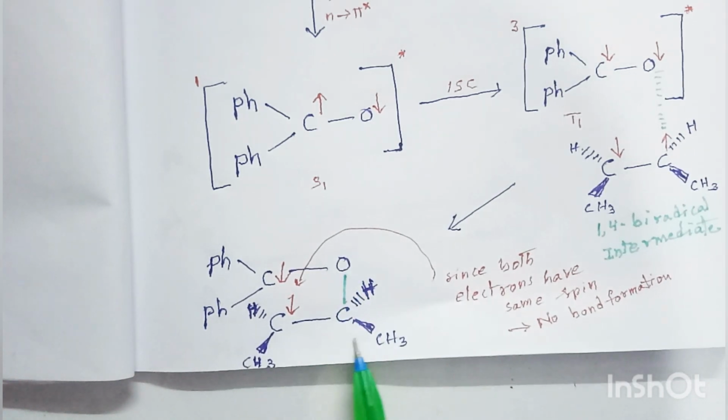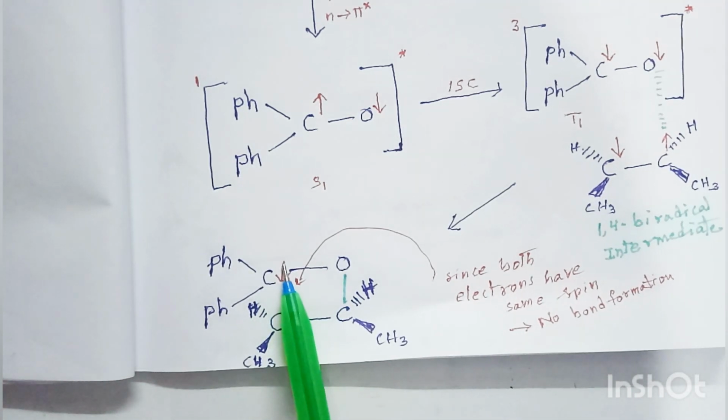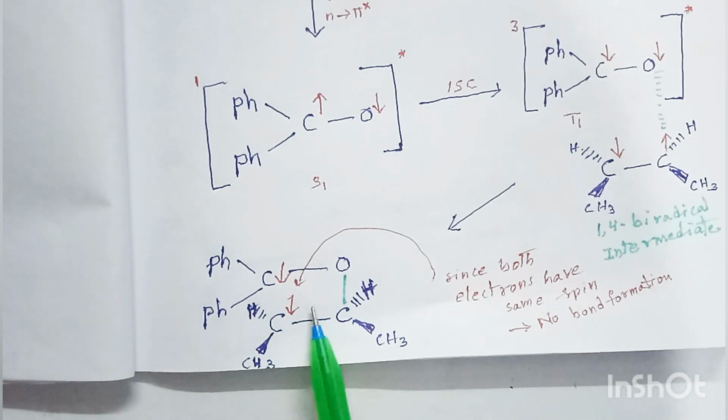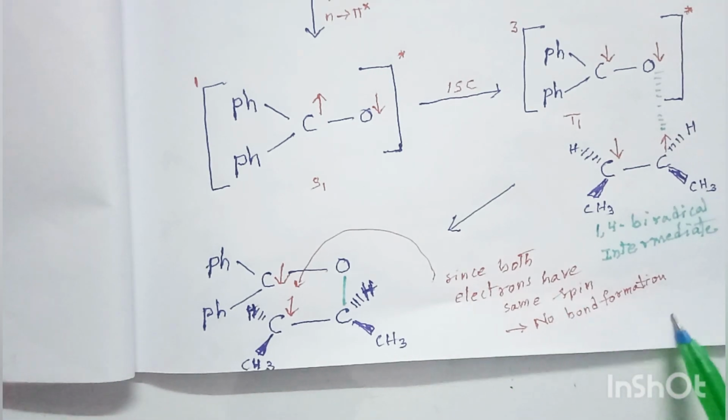So a 1,4 biradical is formed. But this carbon's electron and this carbon's electron are in the same spin.